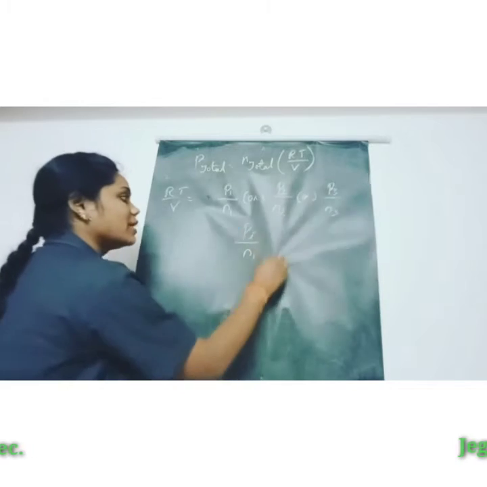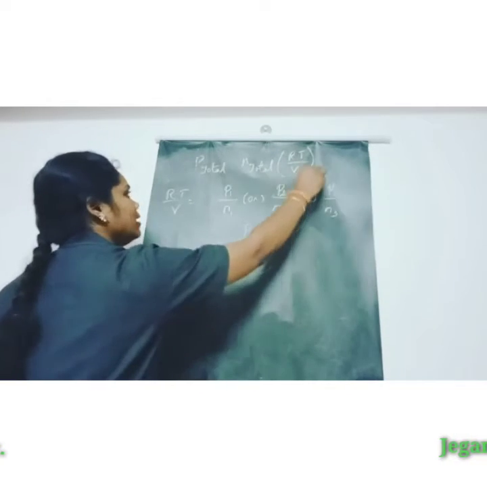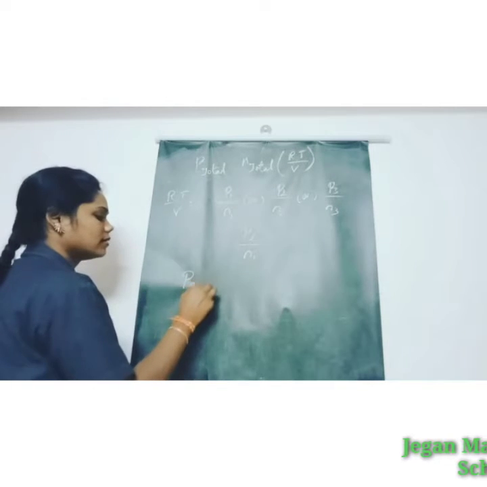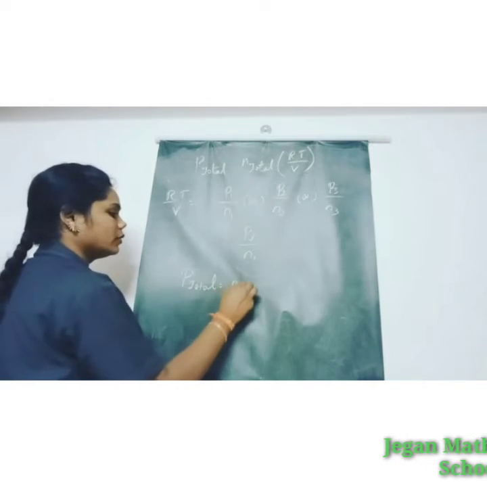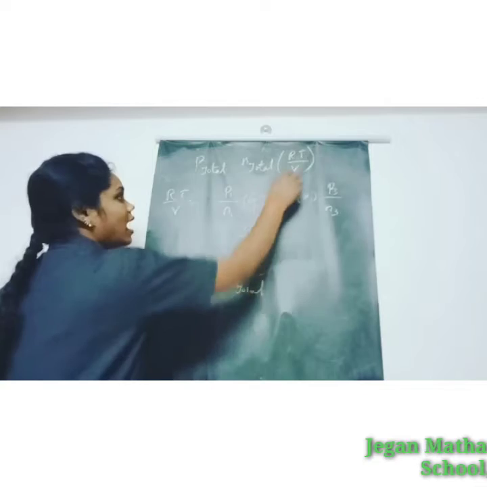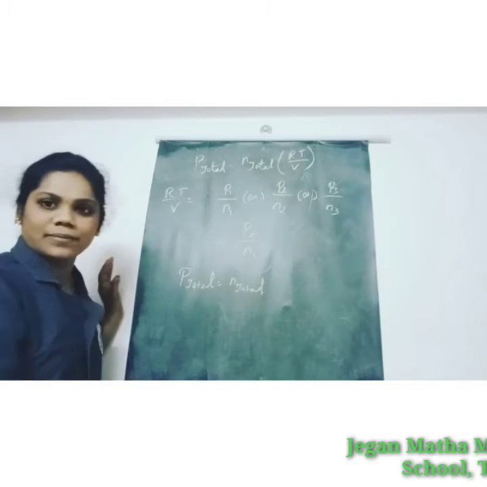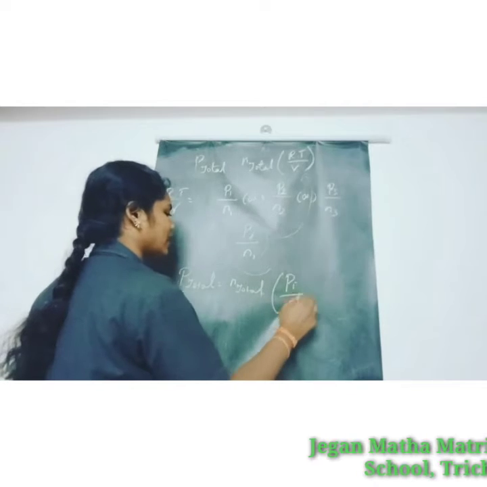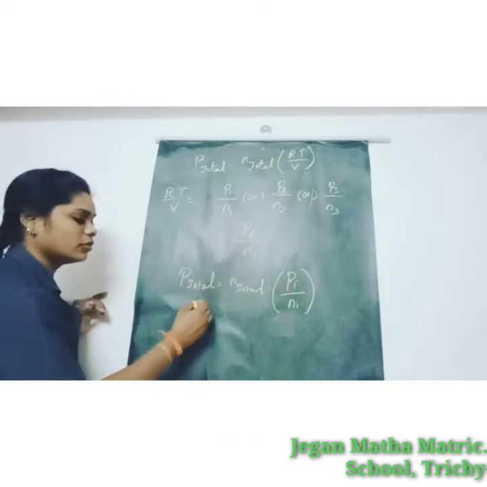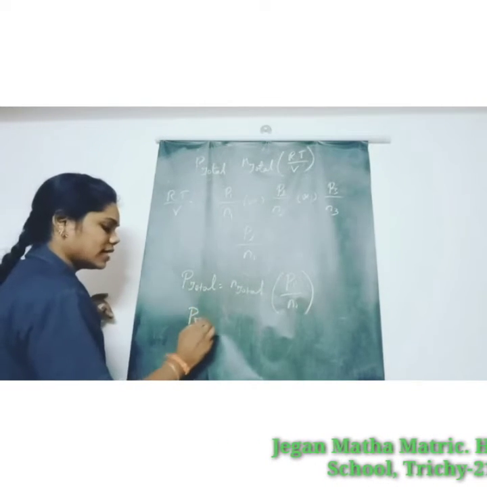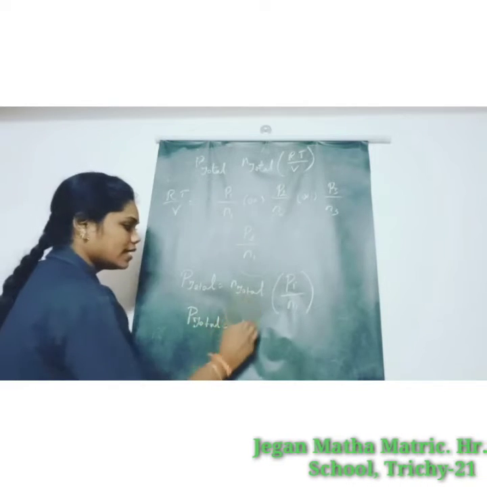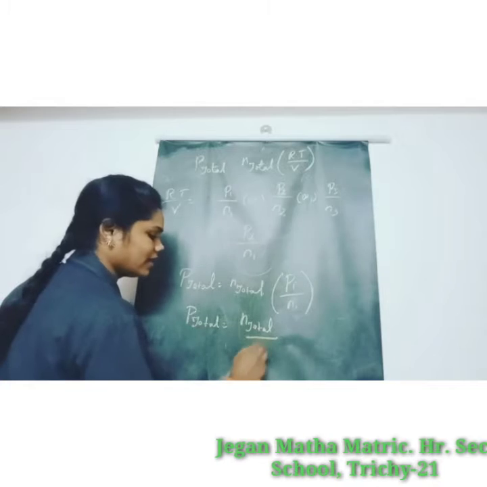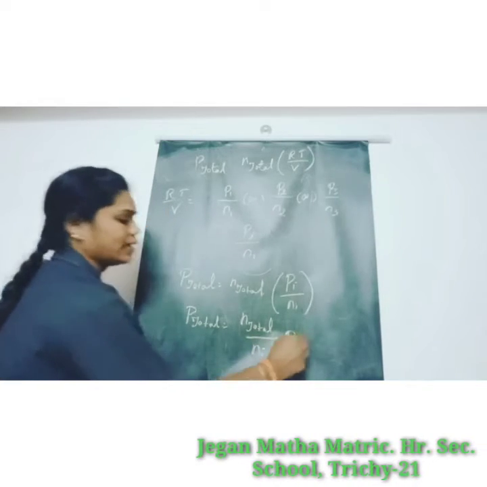Substituting Pi by Ni here, RT by V is equal to Pi by Ni. Therefore P total is equal to N total divided by Ni into Pi.